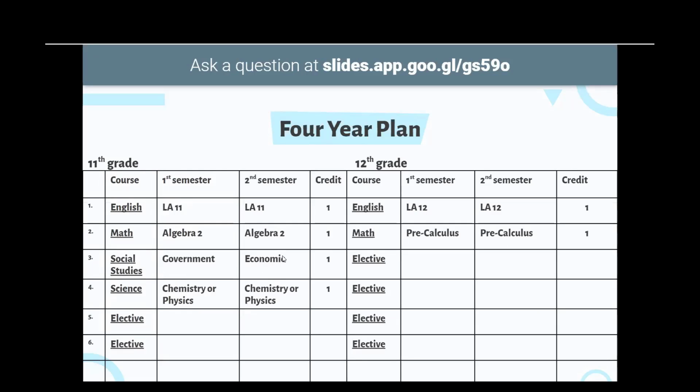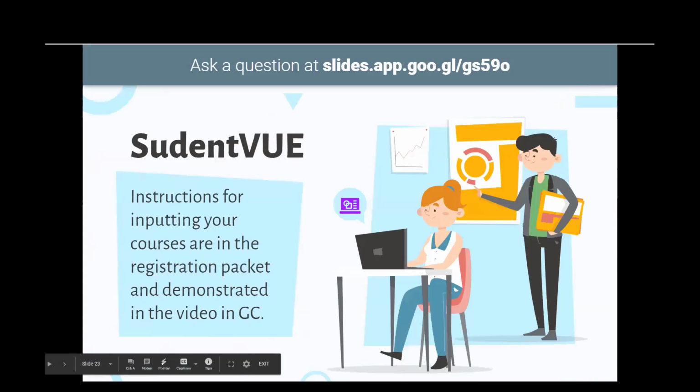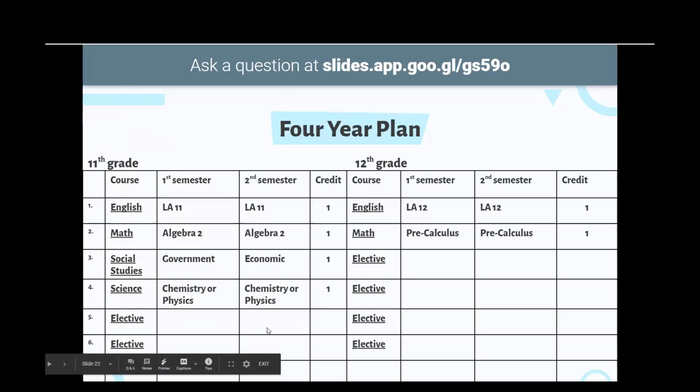You might be taking government and econ here. A lot of students will take AP Gov and push that econ to senior year, or maybe they fit it in here. But what I want you to see is how much elective space is in there. You might have taken that world language 2 years, and now you have some room for other things. Especially in that senior year, you've got a lot of room.